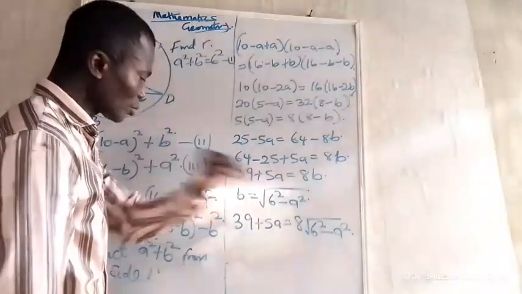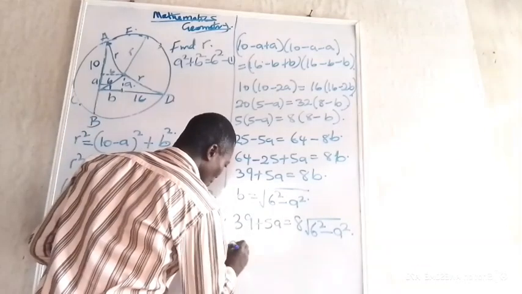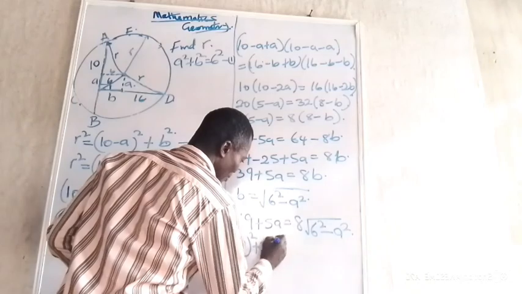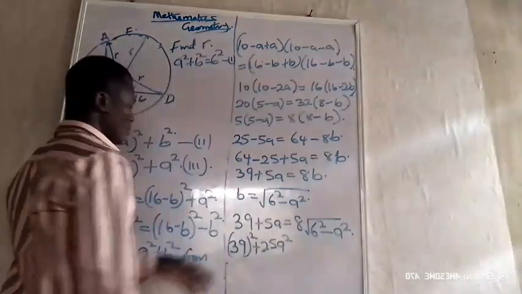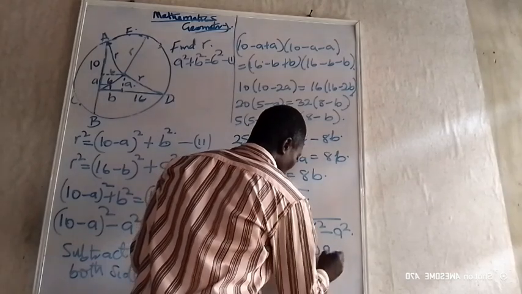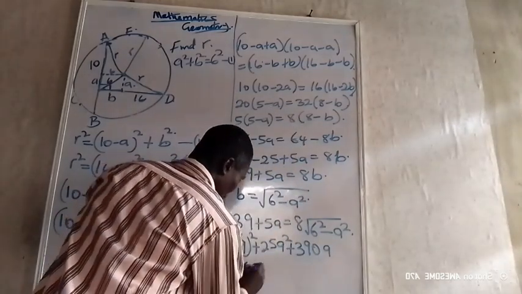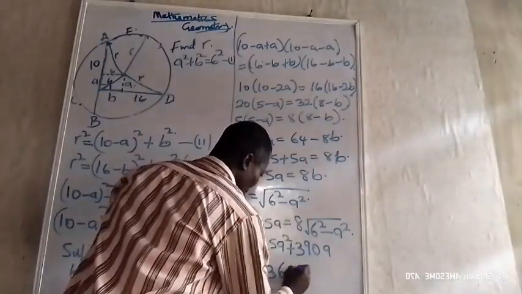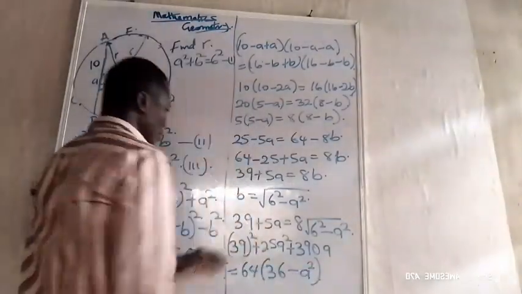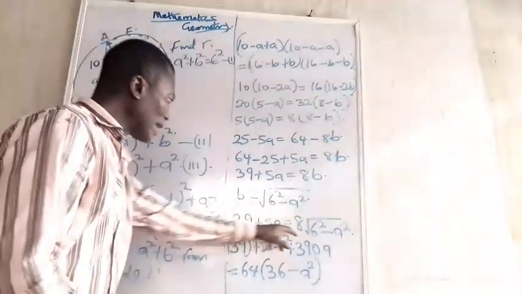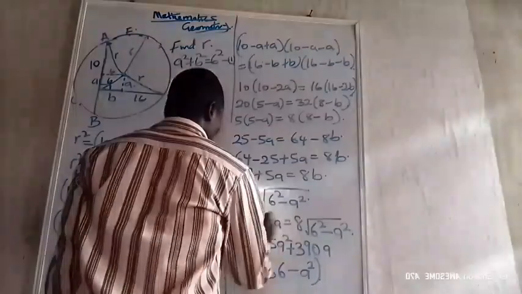Now let's square both sides. I'm going to have 39 squared plus 25a squared plus 390a will equal 64 into (36 minus a squared). So you can see it is now simple to handle. This is what I squared. I square both sides.